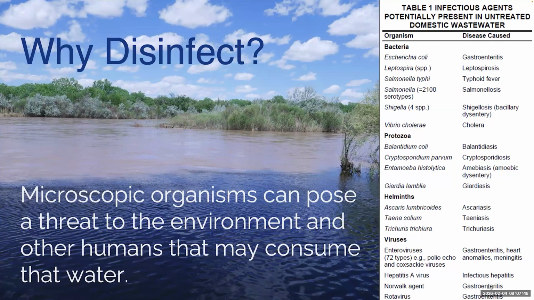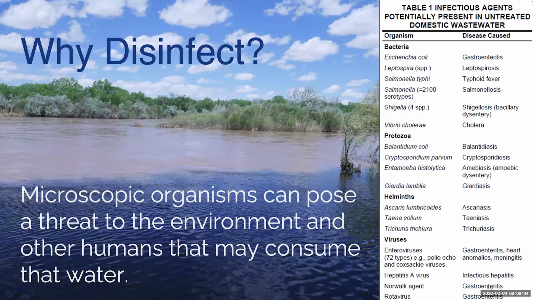And that list on the right-hand side is a short but exclusive list of the kinds of infectious agents that are potentially present in untreated domestic wastewater. A lot of those things will probably be familiar to you, even if you don't necessarily know the scientific name of the organism.